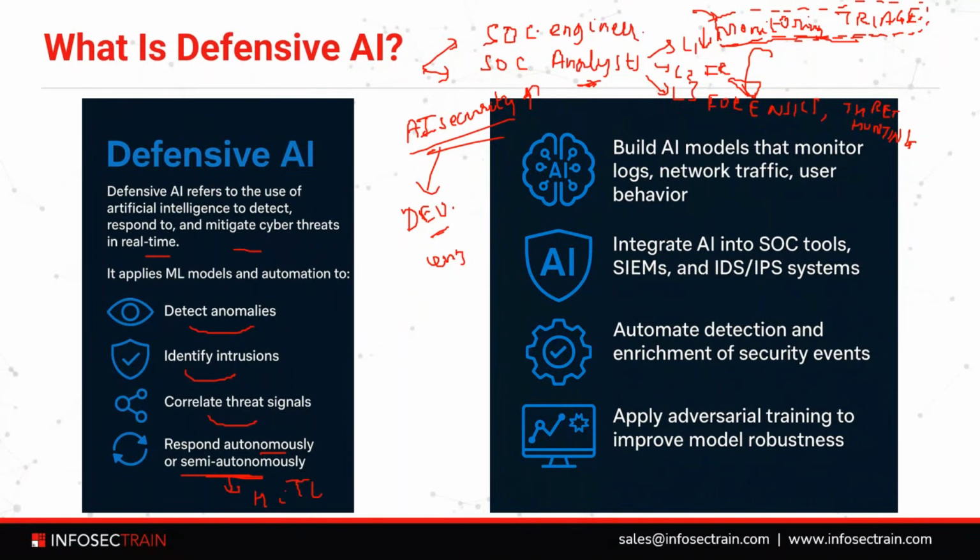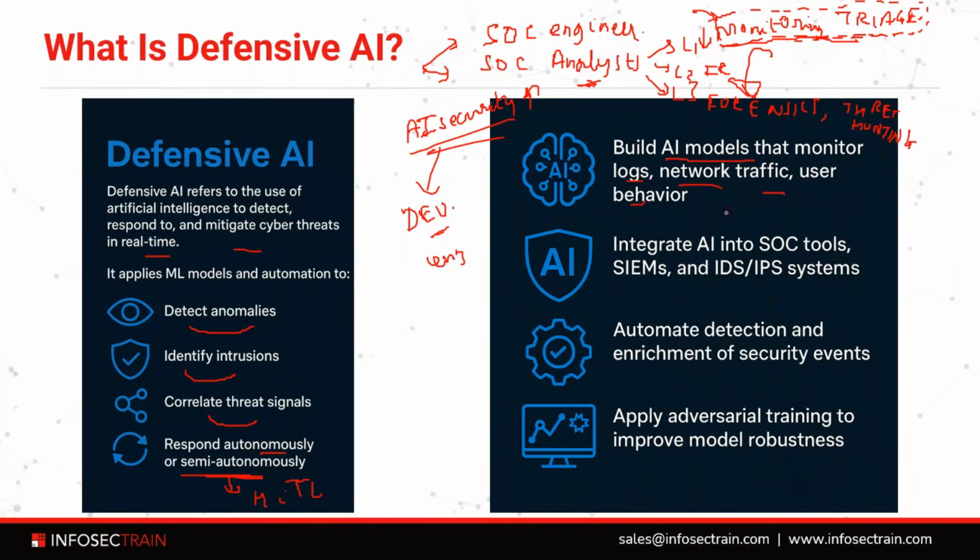Now coming over here, if you are in the development and deploying part, if you are a security engineer, you should know how to build these AI models that can be used as a security control. Build AI models that monitor logs, network traffic, and user behavior.